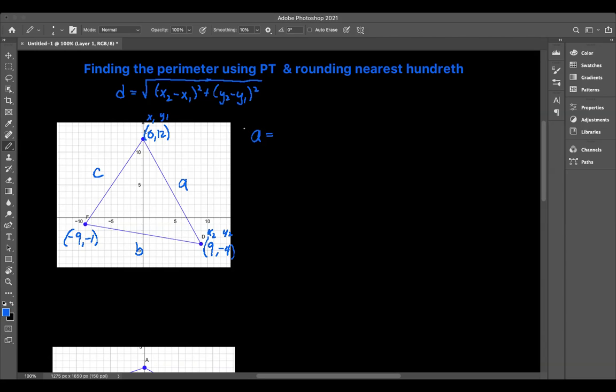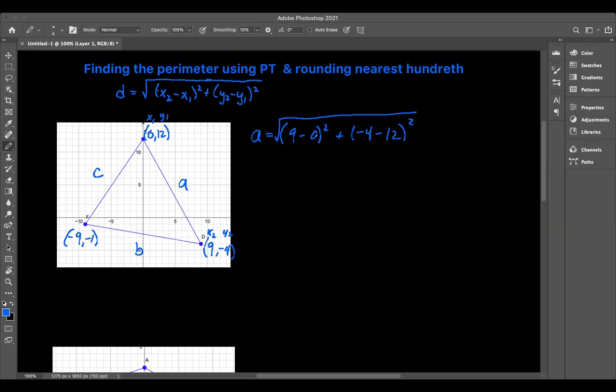Remember the equation says x2 minus x1, so it would be the square root of 9 minus 0 squared plus, y2 is negative 4, and that's minus 12, so minus 12 squared, all over the square root button there.